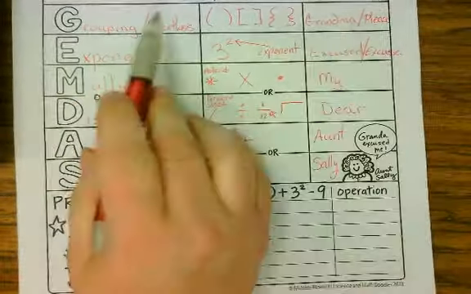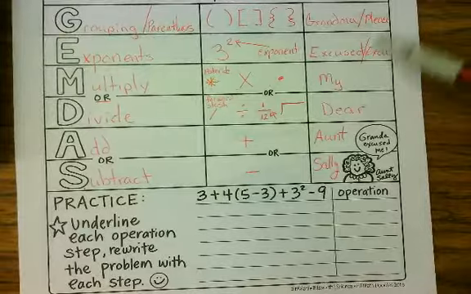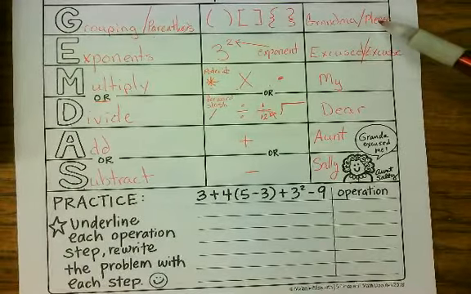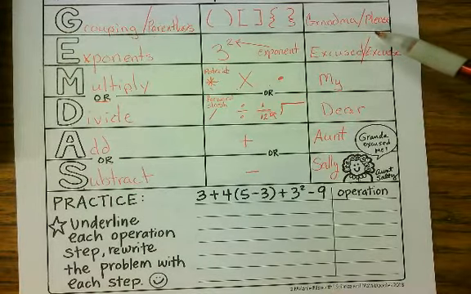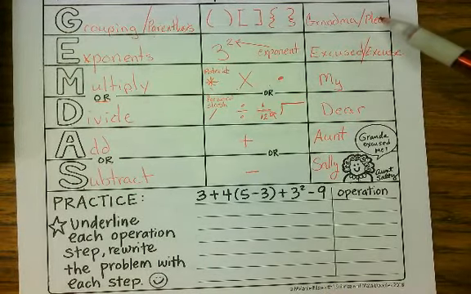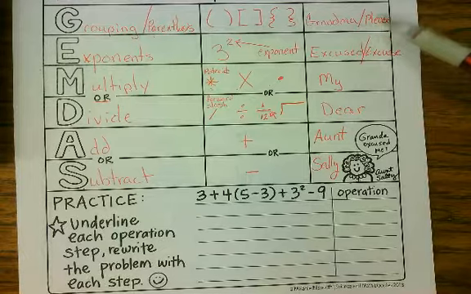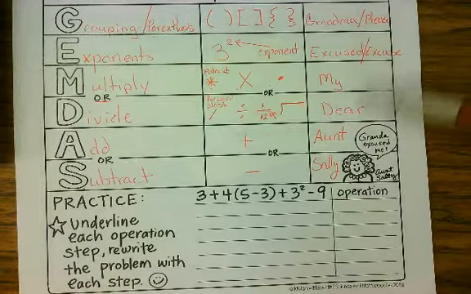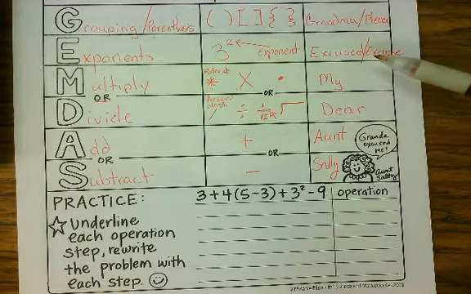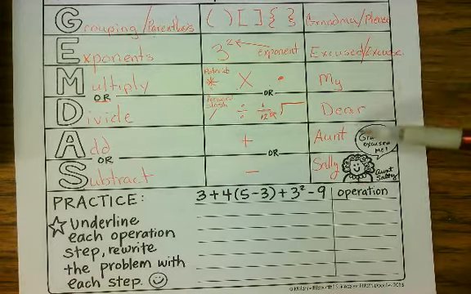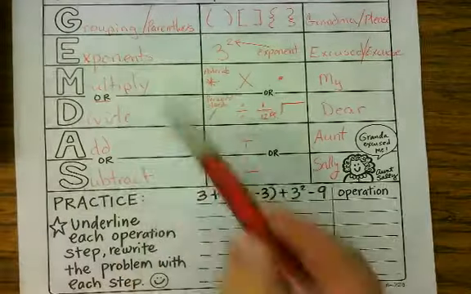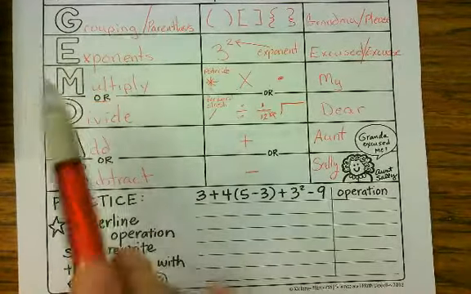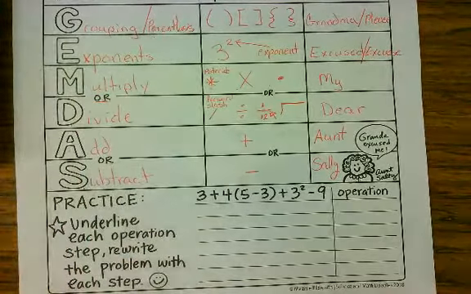If you want to use parentheses and please, this is just to help you remember the order. Okay, this is not anything that you actually have to remember. It's a mnemonic that helps you remember things. So if you can remember that Grandma excused my dear Aunt Sally, then you can remember GEMDAS. Grouping, exponent, multiply or divide, add or subtract.